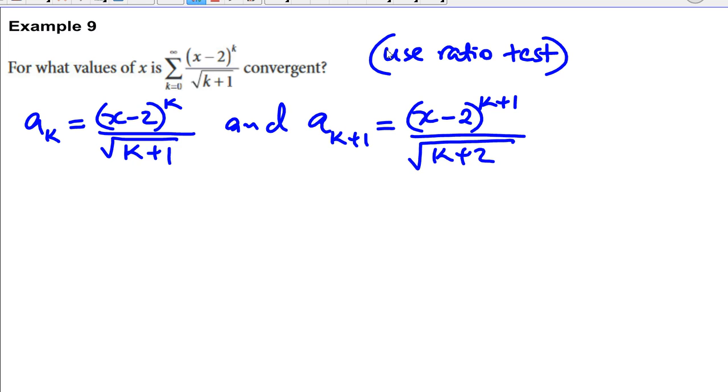Okay, so you have those expressions. You're going to plug them into the formula for the ratio test. Have to be careful to use k, not n.